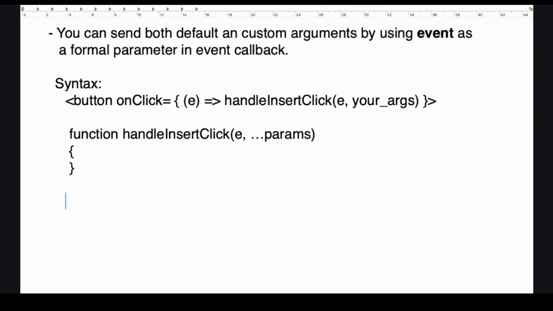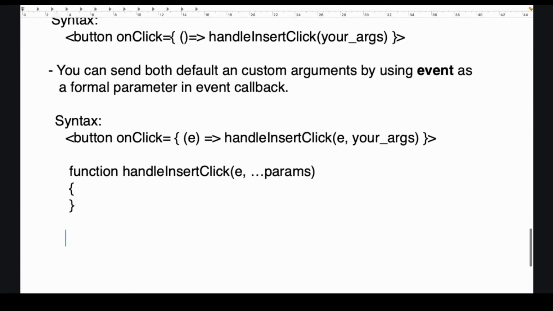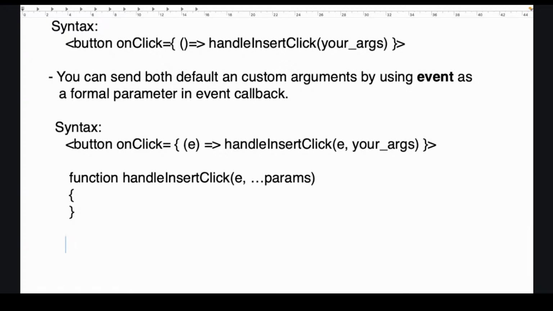So this is about event. So what you learned here: how to write event, how to execute a function on event, how to pass the parameters to that function, how we can pass default parameters and how we can pass custom parameters. Now prevent default and propagation are all the same. There is no change in that.